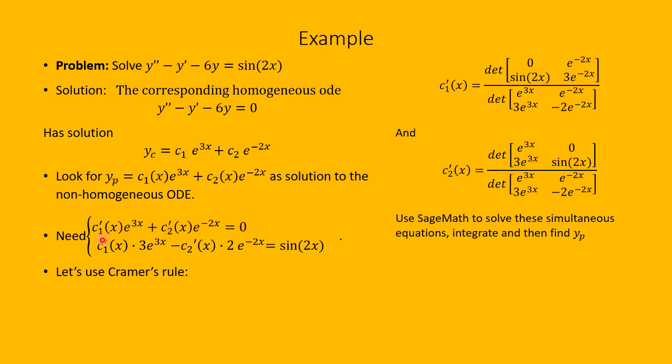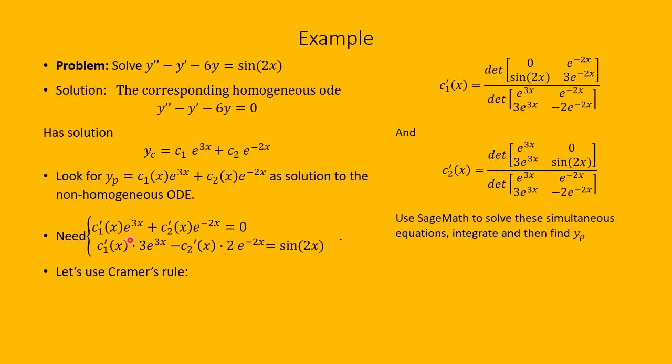In other words, c1 prime e to the 3x plus c2 prime of x e to the minus 2x equals 0. The second equation is going to be c1 prime f1 prime plus c2 prime f2 prime equals g of x, which in this case is sine of 2x.